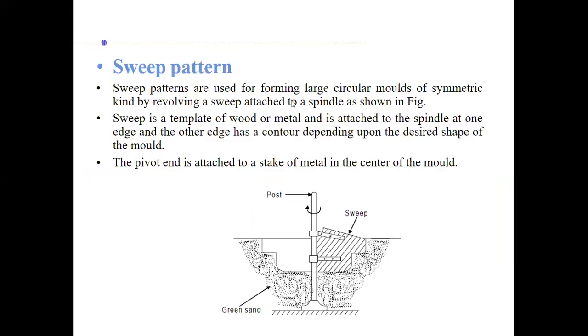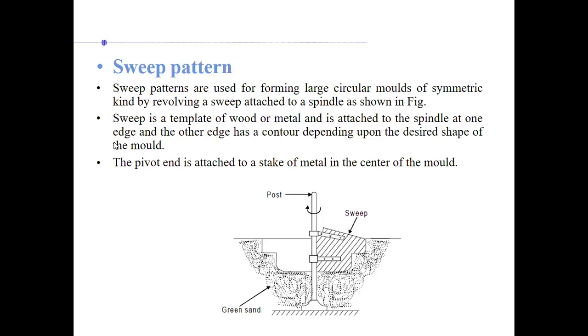You see sweep pattern as we have discussed, right? This post, and the sweep will revolve around this post, so that the mold cavity will take the shape of this profile we have here, the outer profile of the sweep. It is a template, basically a standard sample, right?